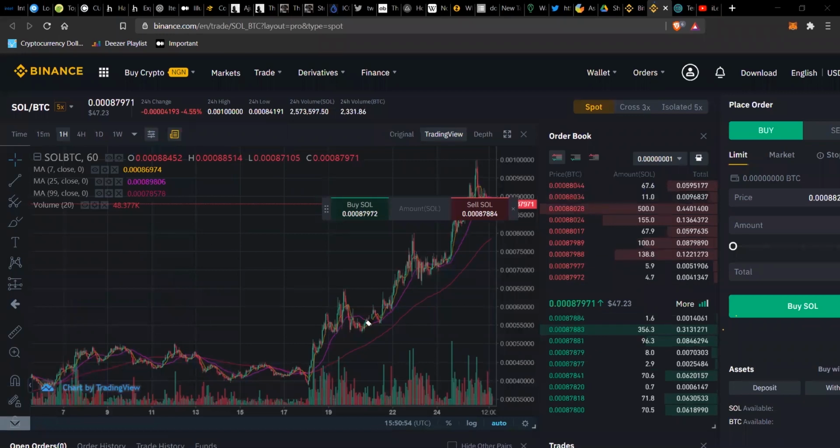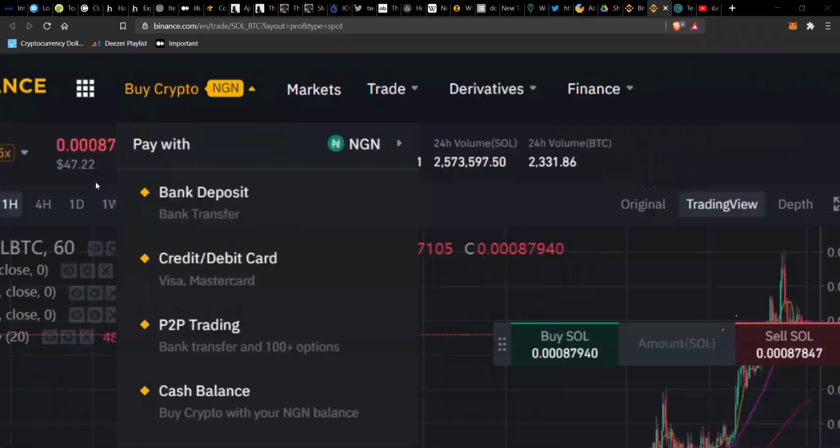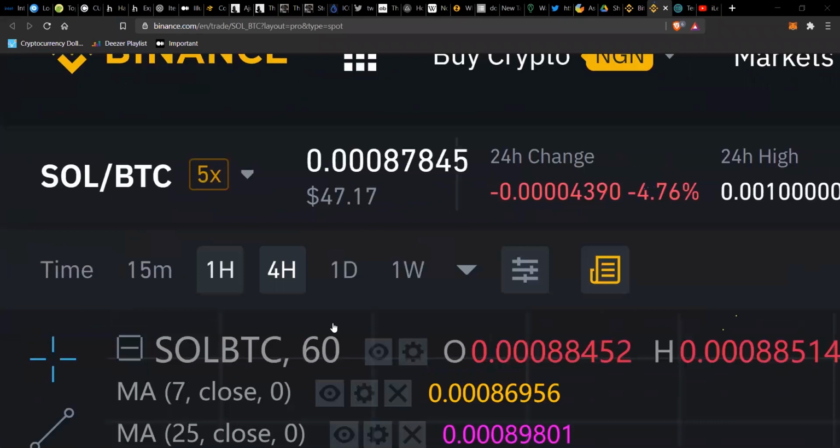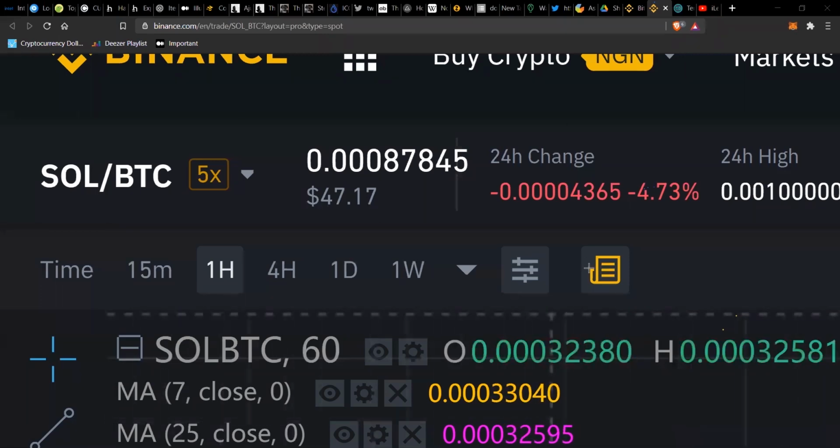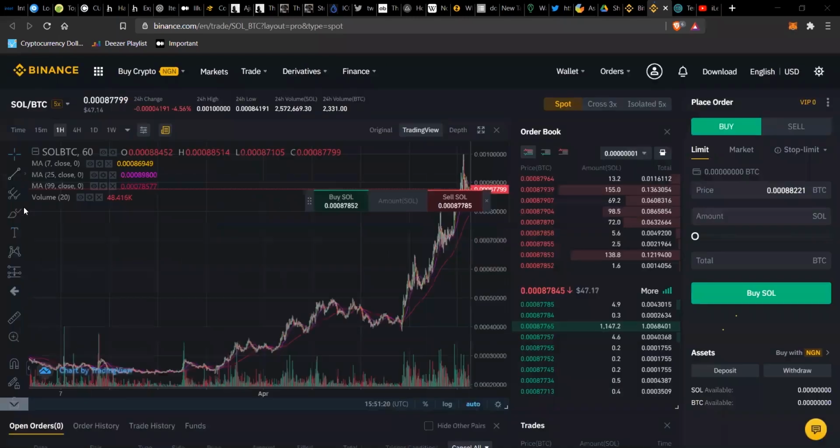The same thing applies in this other screen where I say 1 Solana would cost me this amount of Bitcoin. Then this is the dollar value, just so you know. So if you're buying against BTC, know the difference. If you're buying against USDT, also know the difference. So you don't make that mistake.